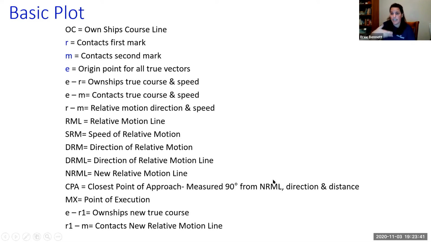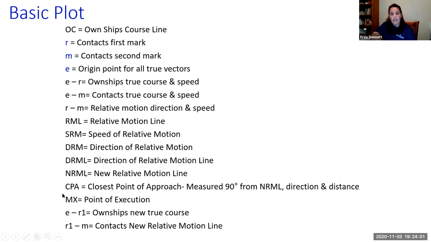We convert that into more useful information in our heads: are they going to pass ahead of us or behind us, and how close is basically what we want to know. But what we're going to actually measure is that bearing of the CPA and that distance.